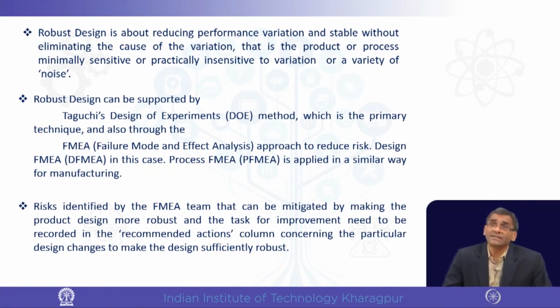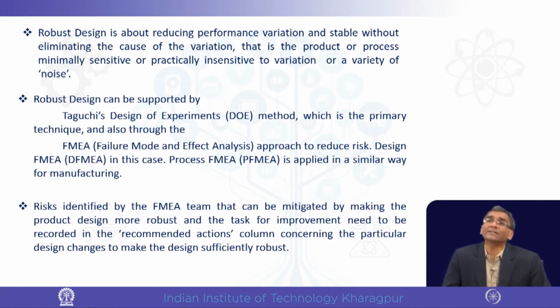as the FMEA team, which normally comprises various involved stakeholders like design representatives from manufacturing, from quality, from costing, etc. They can mitigate the risk by making the product design more robust, and the task for improvement needs to be recorded.